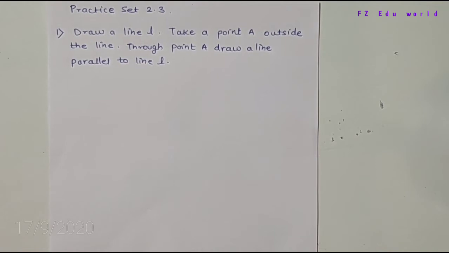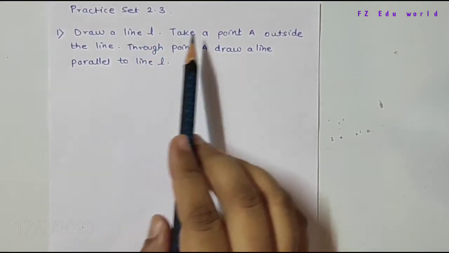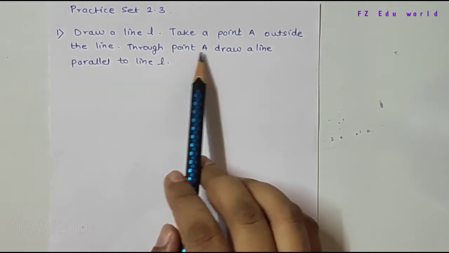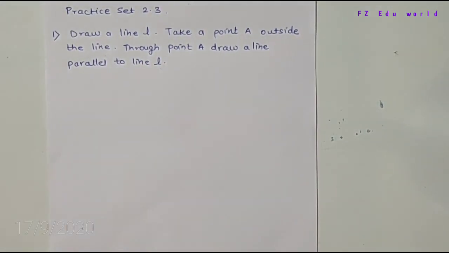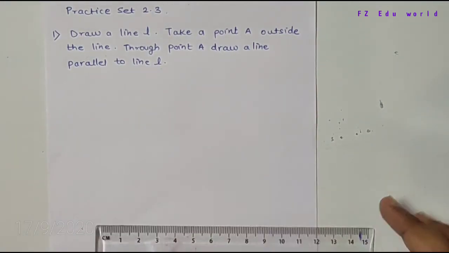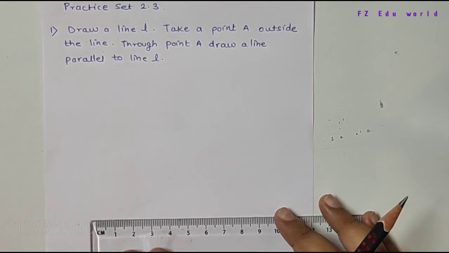For this, our first question is, draw a line L, take a point A outside the line L, through point A draw a line parallel to line L. Now we will first draw a line L of any measurement.